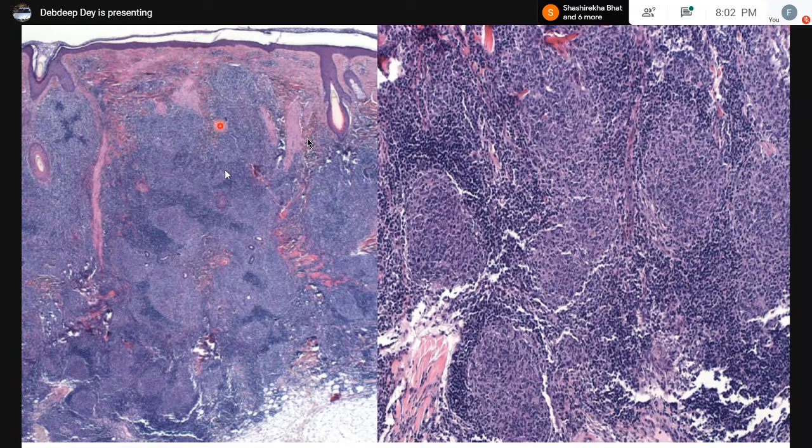So you have this very extensive, dense lymphoid infiltrate composed of coalescing follicles. At high power, the follicles are without polarization. There are no tingible body macrophages.